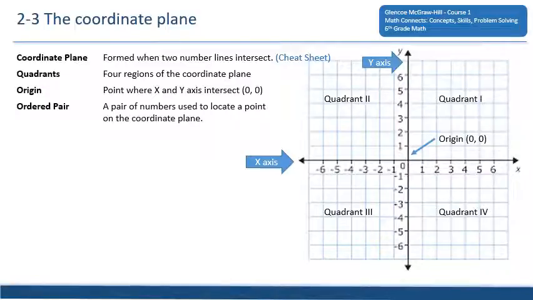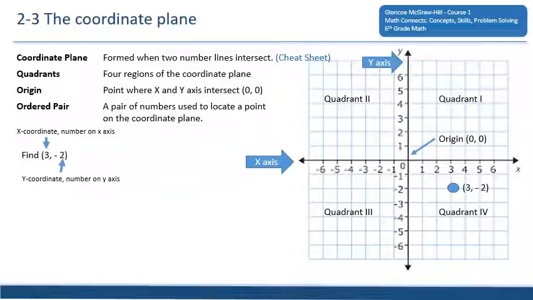Ordered pair: a pair of numbers used to locate a point on the coordinate plane. So if we try to find 3 and -2, 3 is the x-coordinate, which is a number on the x-axis, and the y-coordinate, a number on the y-axis, is -2.